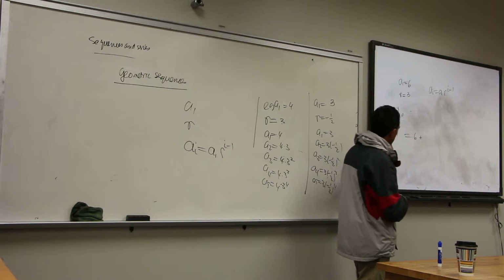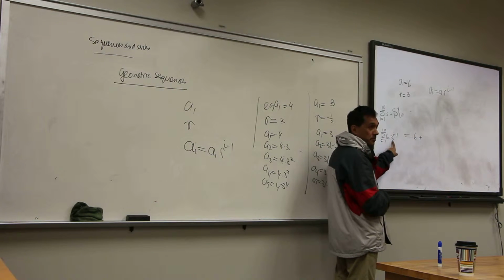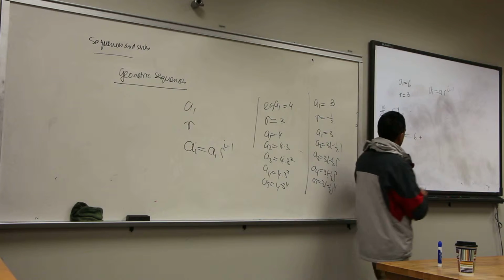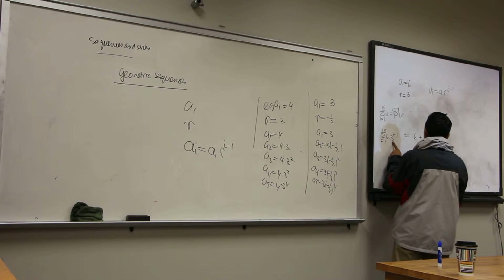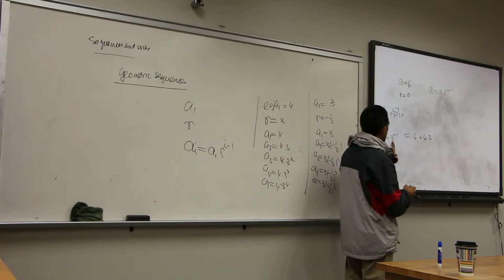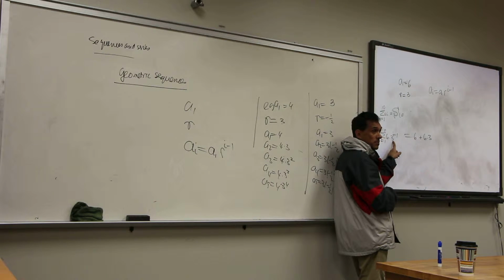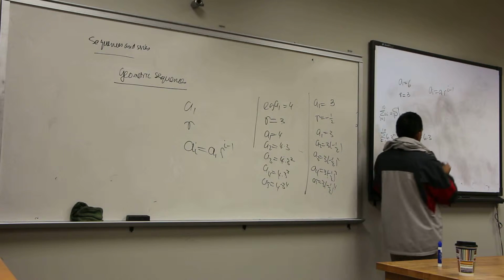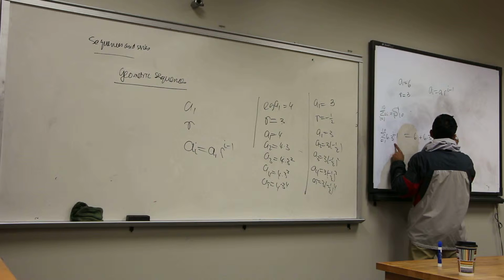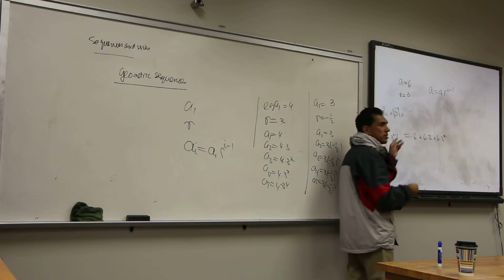This is 6 times 3. I is now equal to 3. This is 6 times 3 squared. And, well, you know what I'm saying.